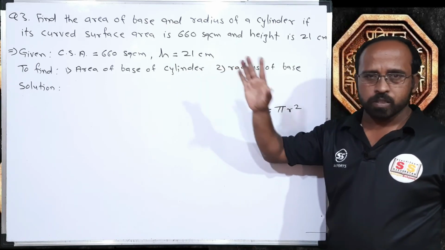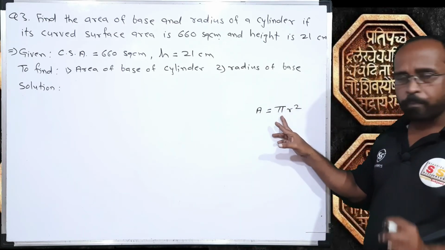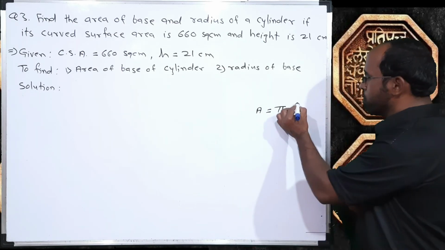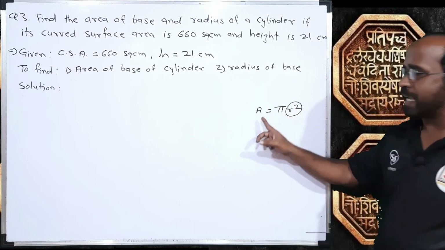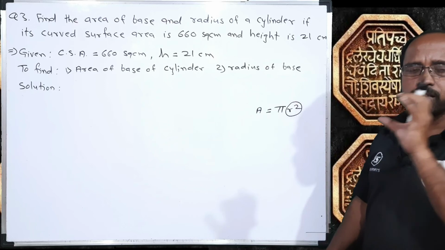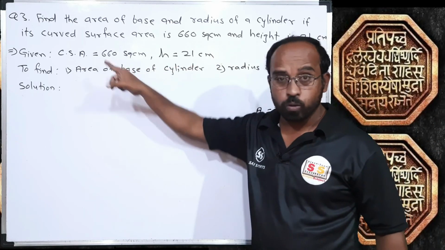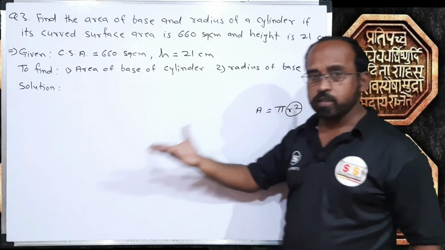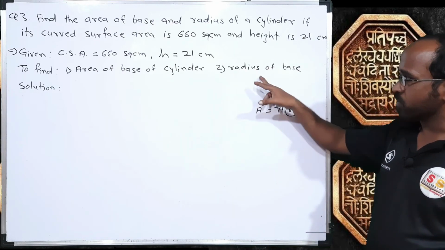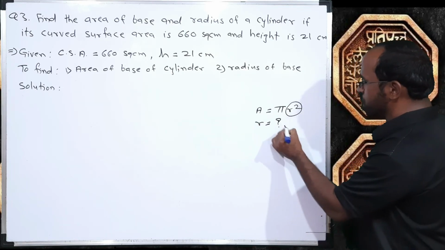In this example 3.14 is not mentioned, so we can use 22 upon 7. So pi is constant, r square means to find out the area of base of cylinder, radius of the base is required. Is it given? No. Is there any clue given? That we will see. What next thing we have to find? Radius of base. That radius we have to find, which we are going to use here.